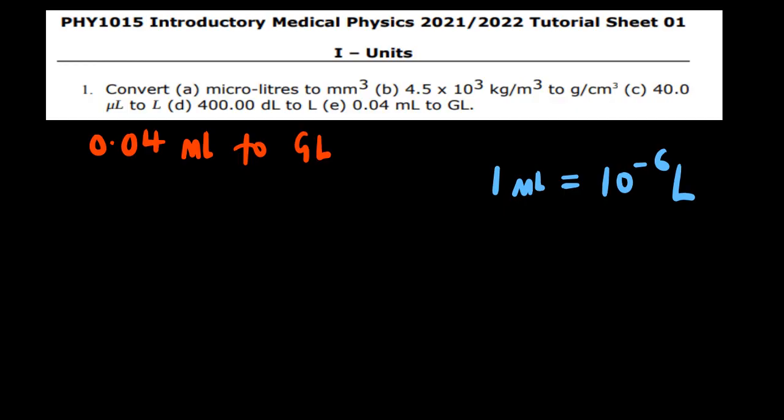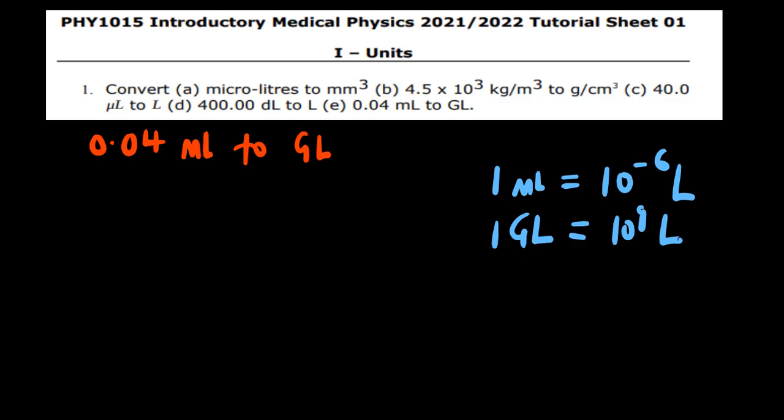Then what about 1 gigaliter in terms of liters? Giga means 10 to the power 9. So it's 10 to the power 9 liters.